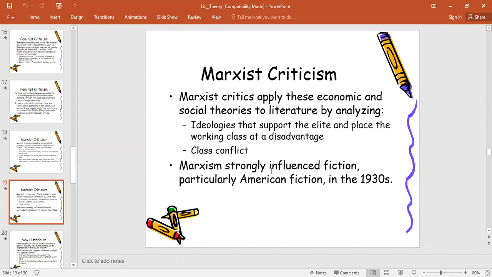Marxist critics apply these economic and social theories to literature by analyzing ideologies that support the elite and place the working class at a disadvantage. So there's a class conflict, and they have come up with new ideologies.